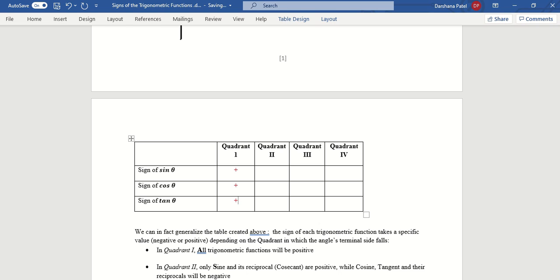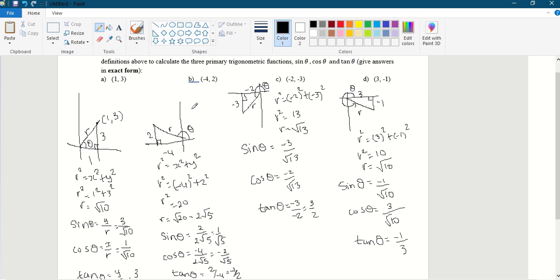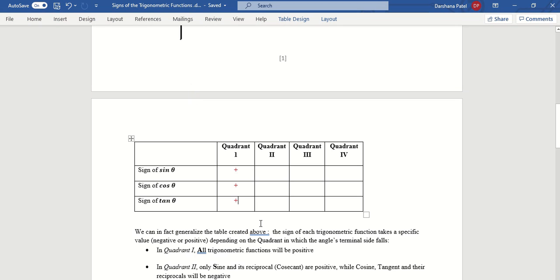Now in the second quadrant, so that's my second example here, where x is negative, y positive, sine comes out to be positive, cos comes out to be negative, tan is also negative. Again, we don't care about the number, we are just looking at the sign. So it will be positive, negative and negative.